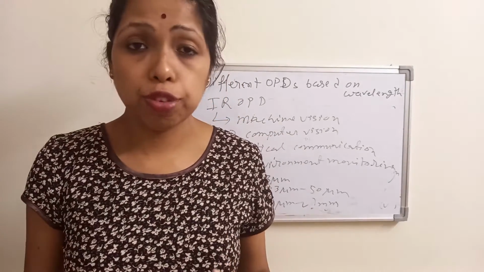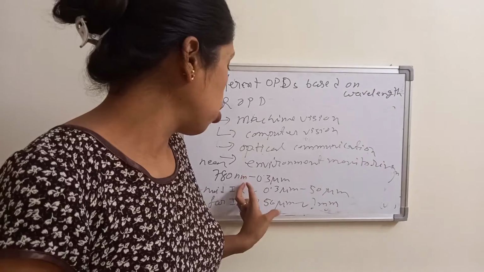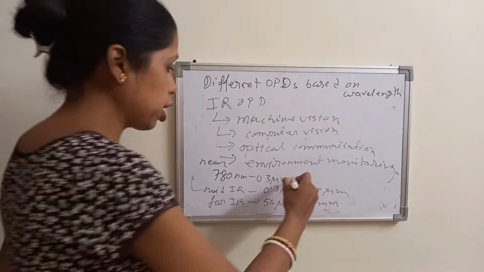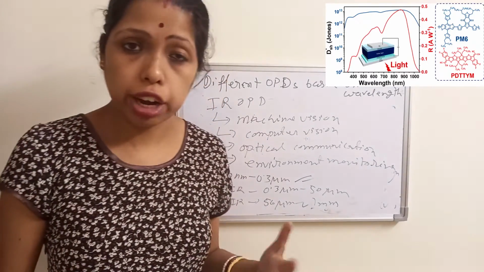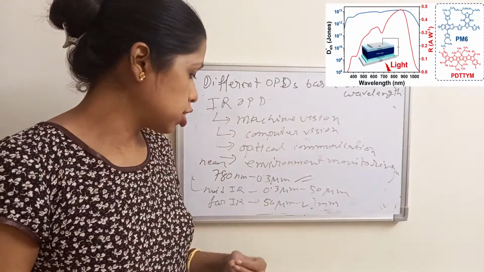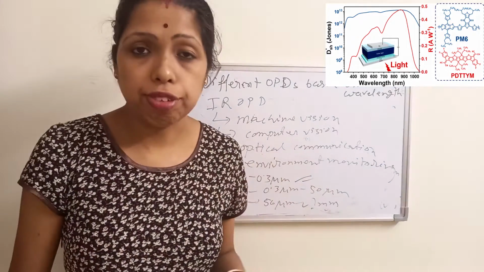But in the case of organic photodetectors, research is still going on. In the near infrared region there are lots of organic photodetectors, but few are published for the mid infrared and far infrared, right?